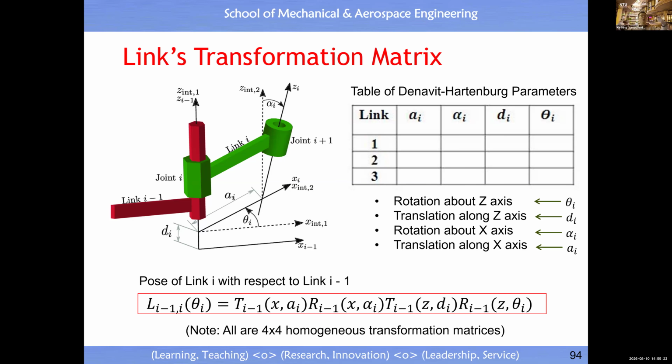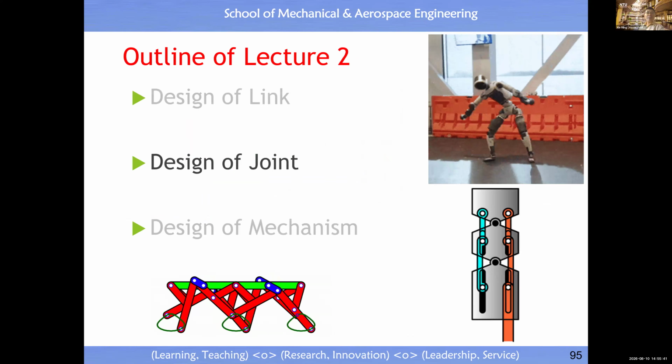Try to get used to this description. In part 2 of this course, you will spend more time becoming familiar with it. If you are not familiar with this, spend a little time to digest this slide. Clear? So that's about the link.